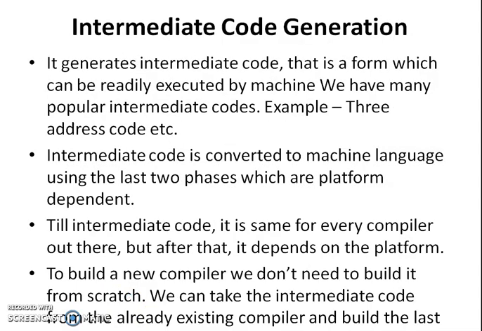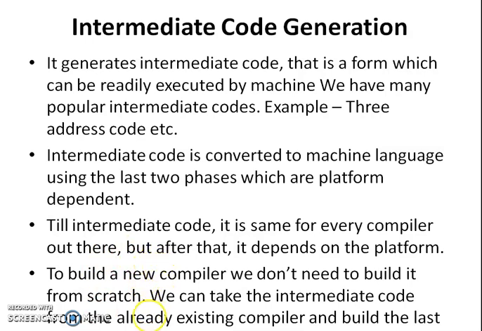And the next phase is intermediate code generation. After the semantic analysis, the compiler generates an intermediate code of the source code for the target machine, and it represents a program for an abstract machine. Basically, intermediate code is in between the high level language and the machine level language.